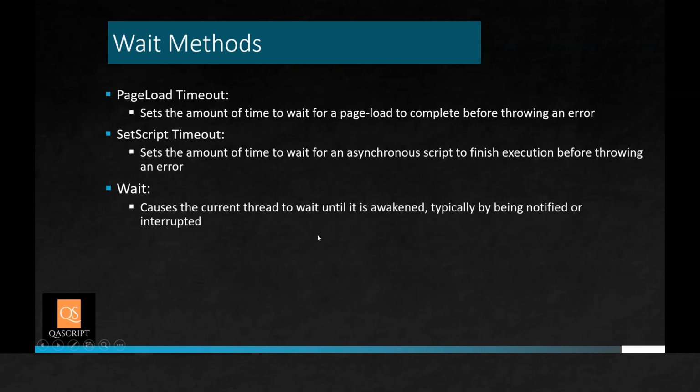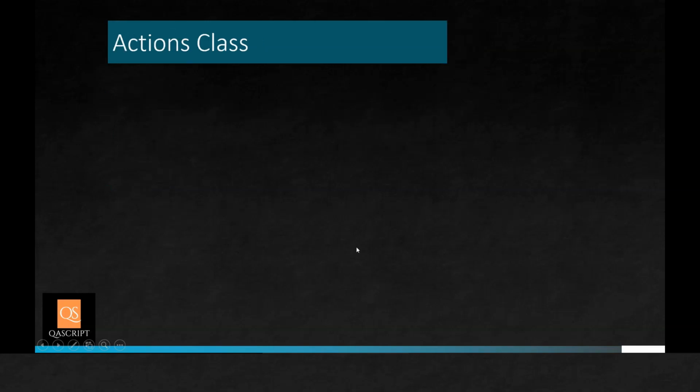So until that, it will wait. If you specify 30 seconds, it will statically wait for those 30 seconds. It is not dynamic. Okay, and why is it not advisable? Because if you continuously start using wait methods everywhere in your scripts, your script execution time will increase. And even though your elements are being loaded in less time, still your script is taking more time to execute.